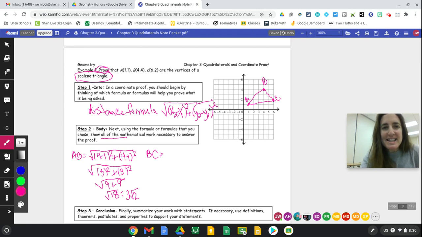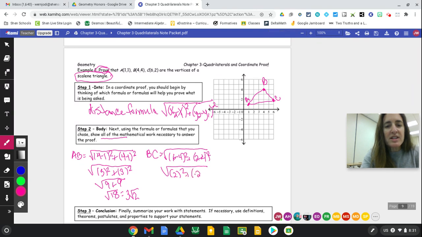Okay, so let's look at BC. So BC, I just take the letters in order, or you could wrap around the shape that you have drawn. BC is going to be 6 minus 4 squared plus 2 minus 4 squared. 6 minus 4 is 2 squared, and then 2 minus 4 is negative 2 squared.